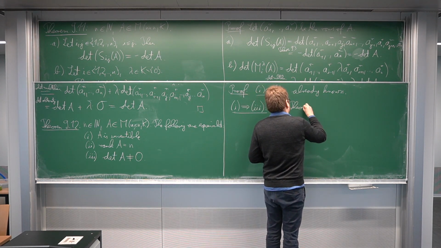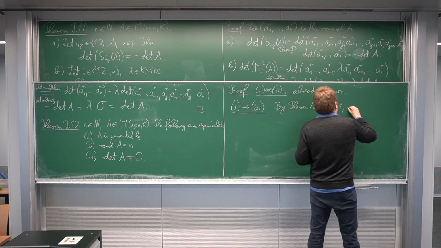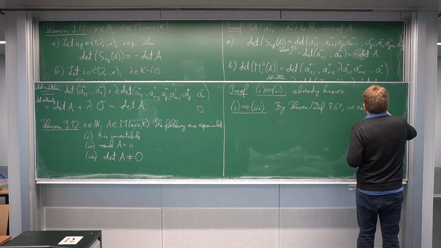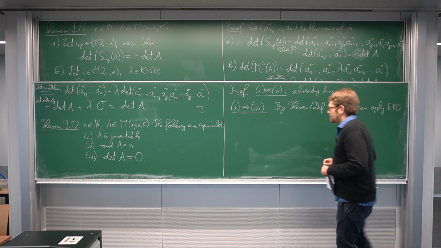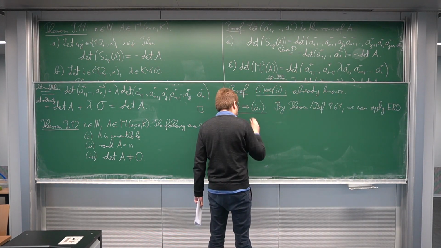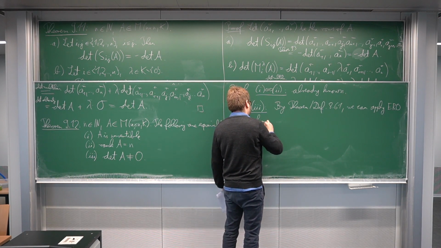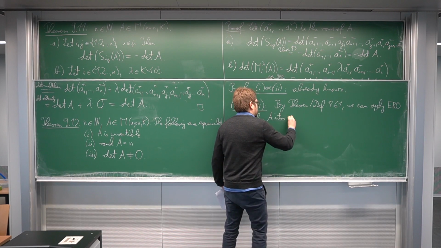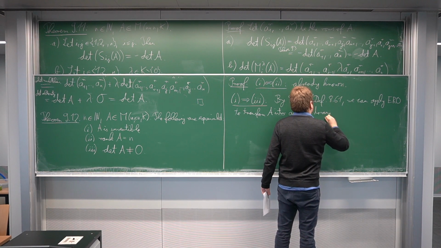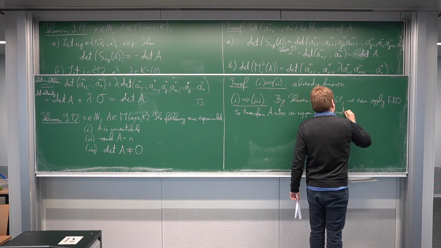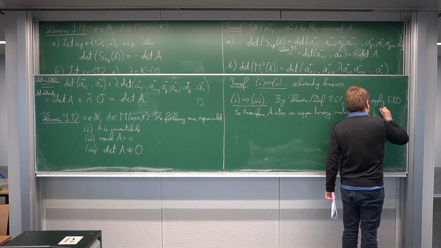Namely, by Theorem 8.61, we can apply elementary row operations to transform A into an upper triangular matrix, since it's invertible, which I call B. So entries are the Bij.